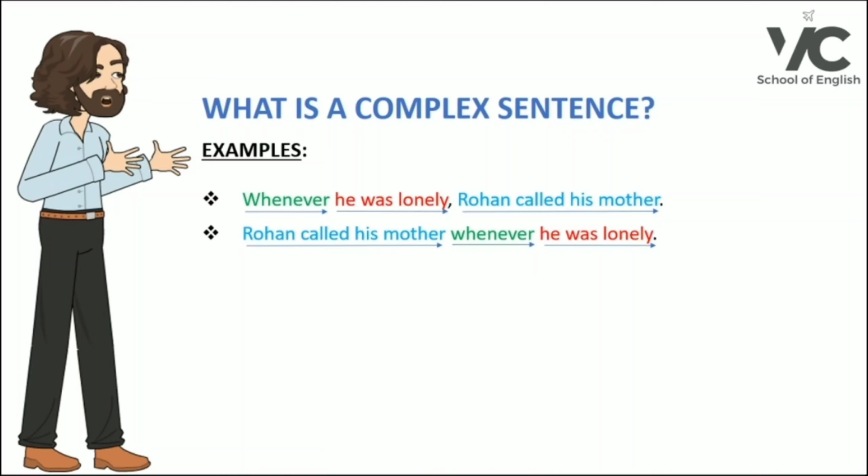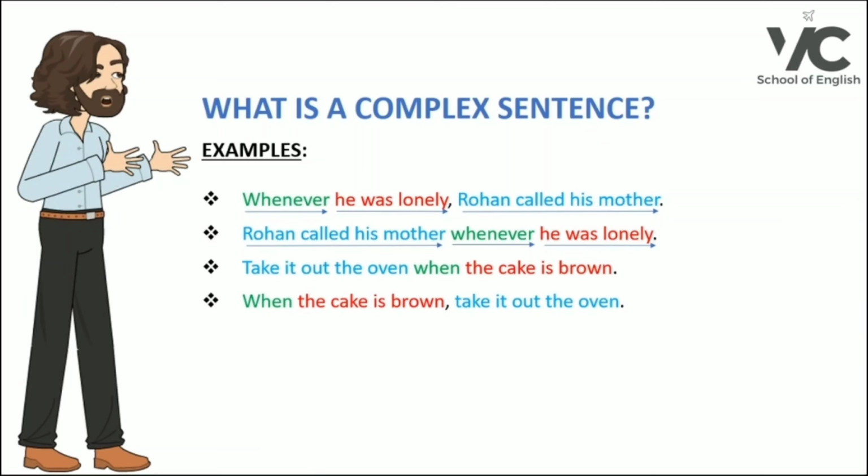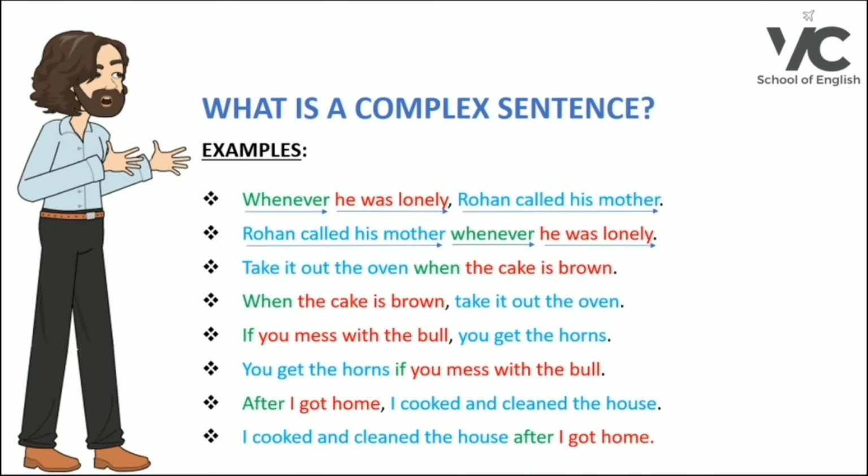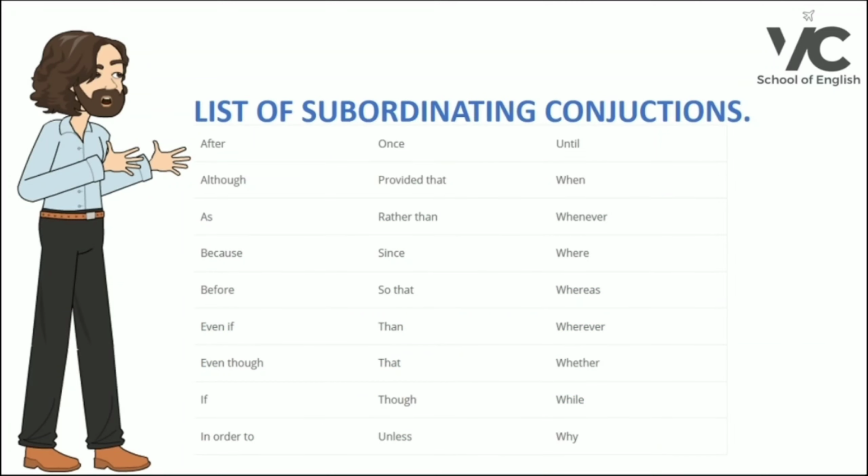Both ways are correct. Here are a few more examples which will give you a clear idea about how and when to use commas and subordinating conjunctions. These are really helpful in terms of PTE writing. Please find the common list of subordinating conjunctions.